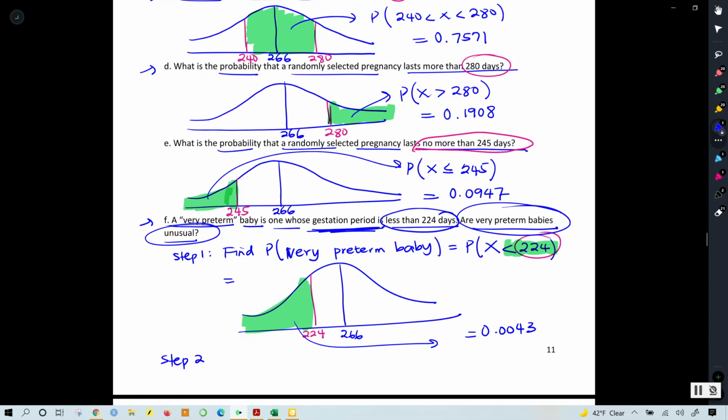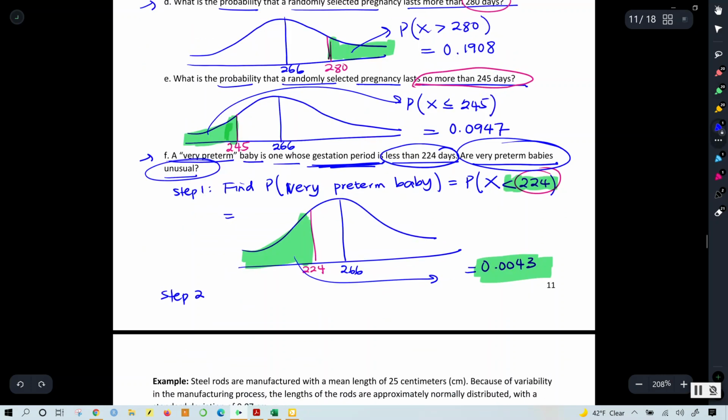Then step 2 of this process is to answer if the occurrence of very preterm babies is an unusual event. In other words, we're going to check if this probability is less than 0.05 in the context of this problem.